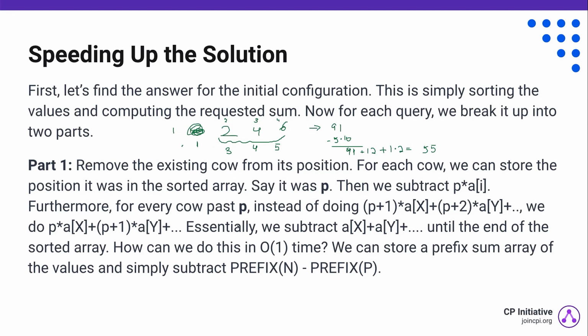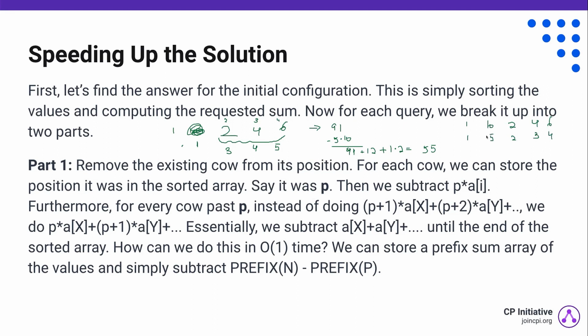So first, let's handle the idea of removing the cow that was originally there. So first, we sort the array, the original one that we're given, and for each cow, we assign it an unhooking value. So for our original array of 1, 10, 2, 4, 6, the unhooking value of 1 is 1, the unhooking value of 2 is 2, then the 4 is 3, the 6 is 4, and the 10 is 5.